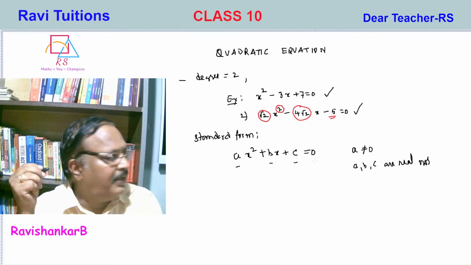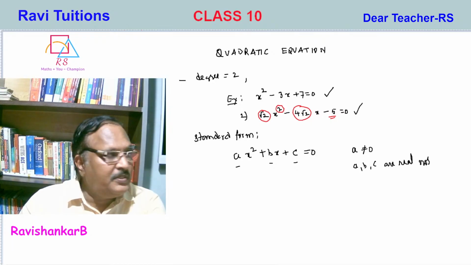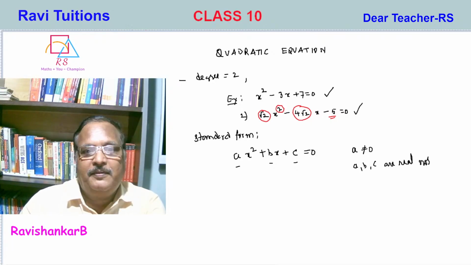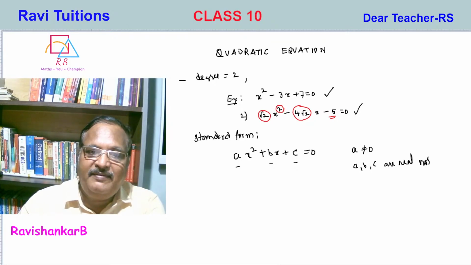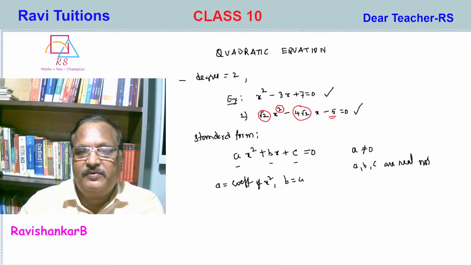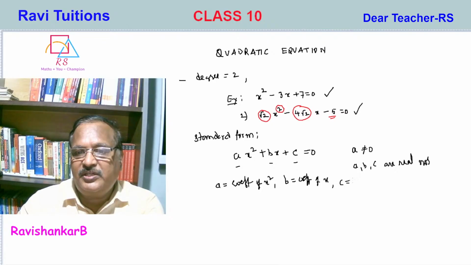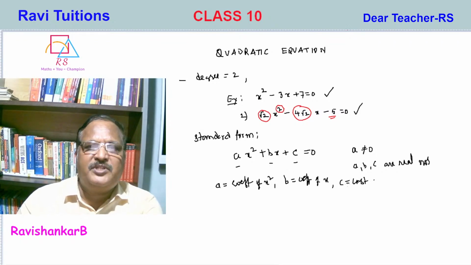Okay. So a is not equal to 0. The x term can be 0, the constant also can be 0, but only the x square term should be there. So this is the standard form of a quadratic equation. You should be aware of what is a: it is nothing but the coefficient of x square, b is the coefficient of x, and c is the constant. In a quadratic equation, maximum 3 terms only should be there.